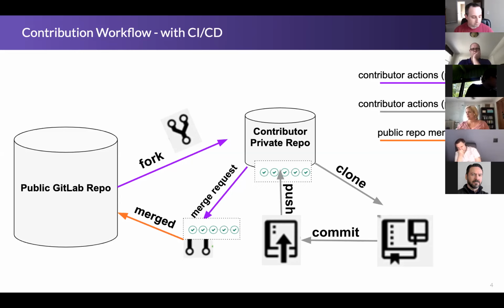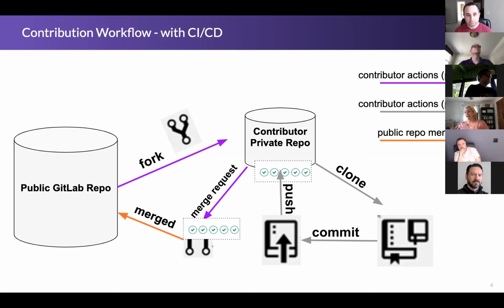If I have branch pipelines, when I push to the remote of my forked repo, I'm going to see branch pipelines running. And if I have merge request pipelines defined in my GitLab YAML file, when I create that merge request to merge back to the master in the open source repository, it's automatically going to run a pipeline to validate all of the changes that I've made, and I can see the results of that. And that's what we want to happen.